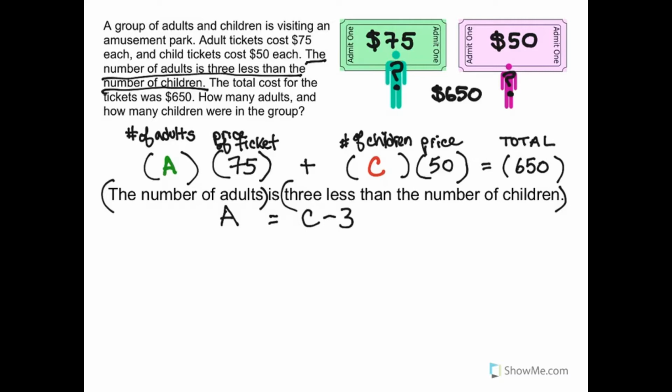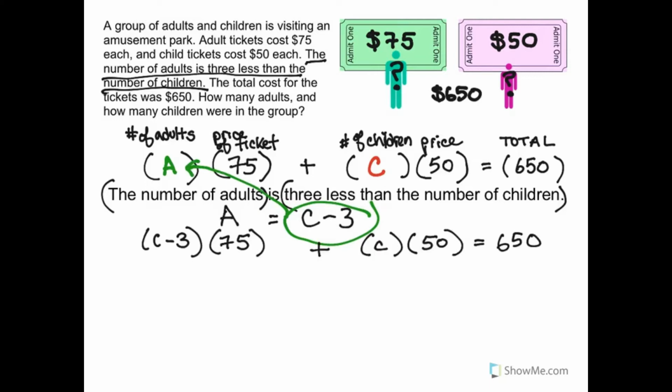For example, if 10 children are going, then the number of adults is 10 minus 3, which is 7. Let's rewrite, replacing A with C minus 3. Now I have an equation with 1 variable, and I can solve.